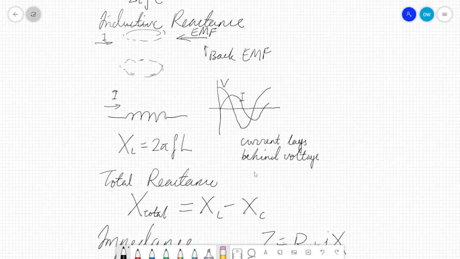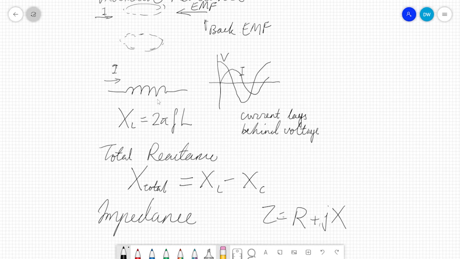And because in one situation current leads voltage and in the other current follows the voltage, the capacitive and inductive reactance act in opposite directions.